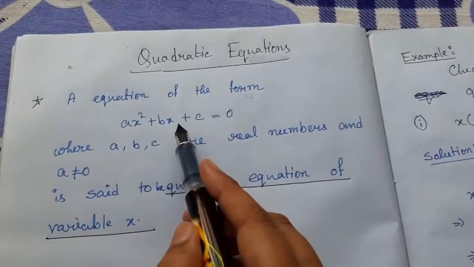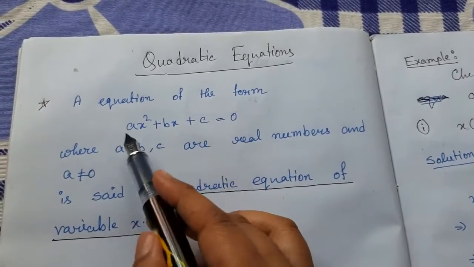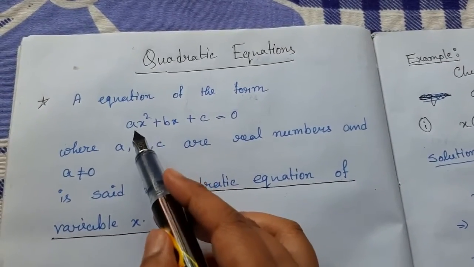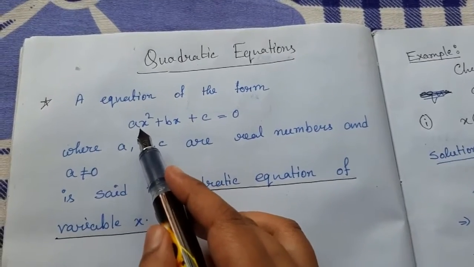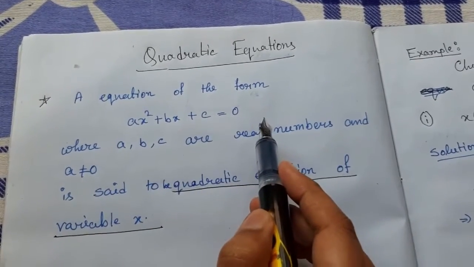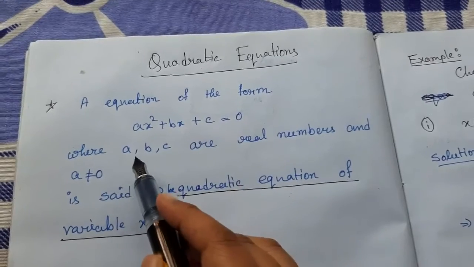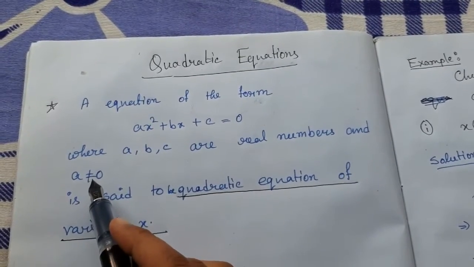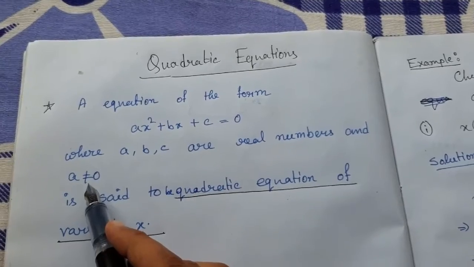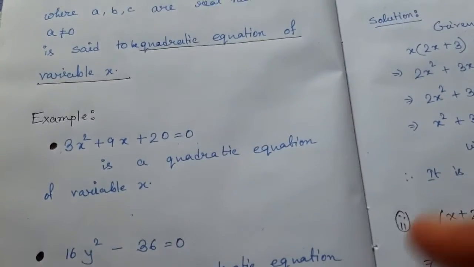As you can see here, the degree of the polynomial on the left hand side is 2. So this kind of expression is called quadratic equation, where a, b, c are real numbers and a not equal to 0.